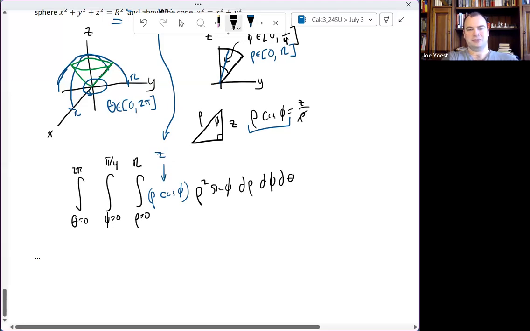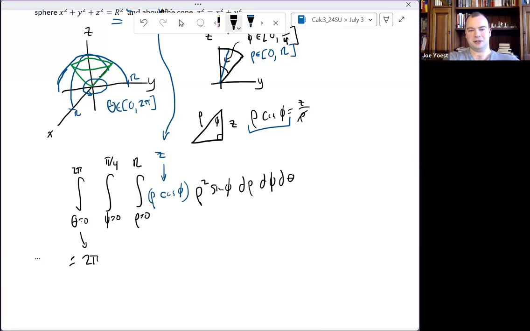I do notice that for my 3 bounds of integration, this is a rectangular region in spherical coordinates. So the bounds, none of them depend on one another. I notice that my integrand can be separated into a function of rho times a function of phi. My theta can come all the way out. So this gives me a 2 pi contribution from the theta integral.